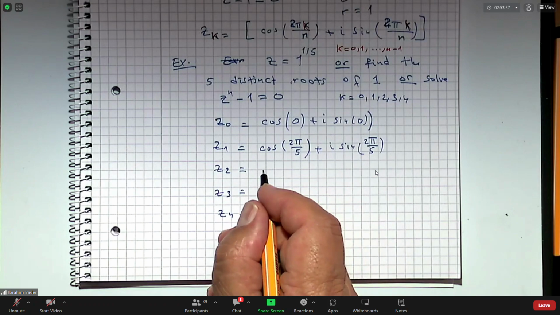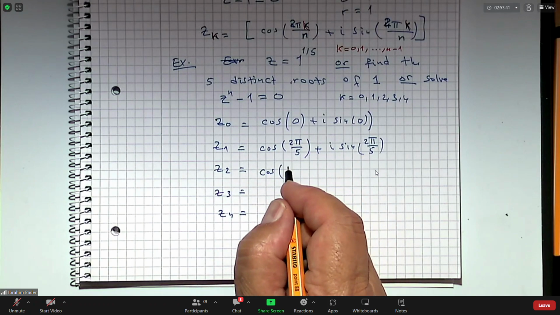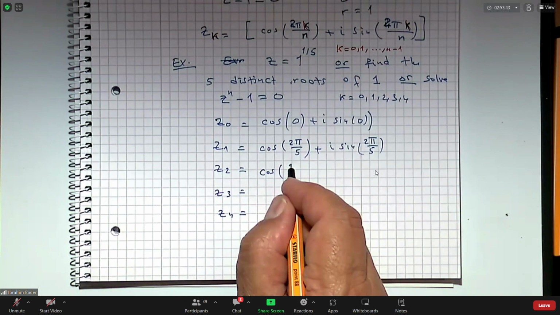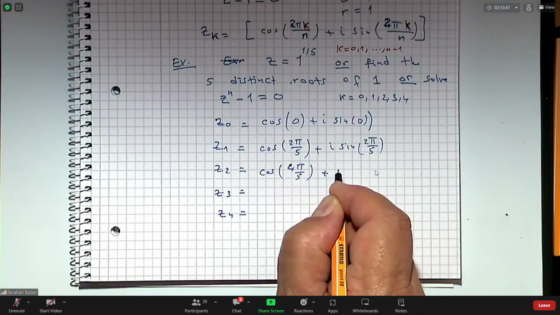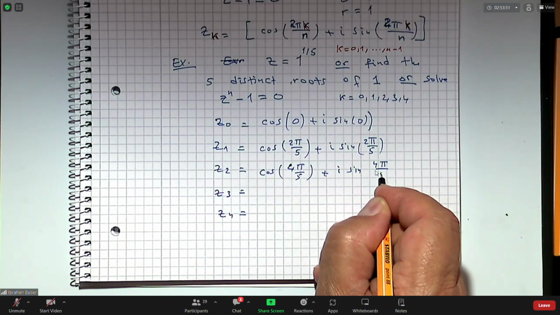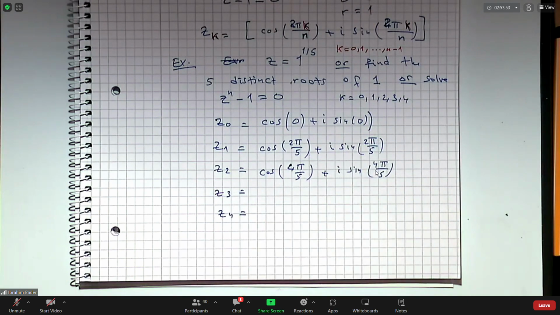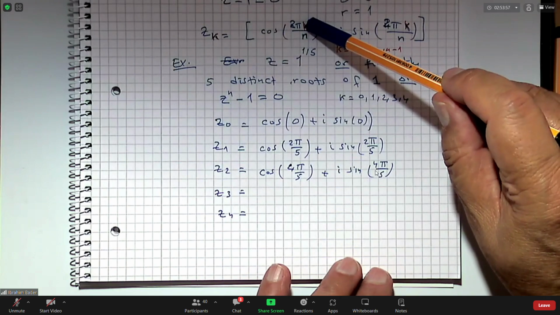For this one here, I will add another 72, so it will be 2 pi times 2, which is 4 pi over 5, plus i sine 4 pi over 5. Now this 4 comes from multiplying 2 pi times 2, okay?